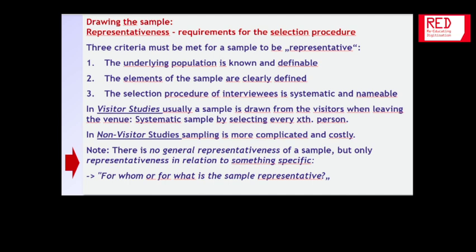And he wants to make a survey, and he does this survey on the Hohe Straße. In this case, it's representative, because the underlying population are only the people of the Hohe Straße, whatever they are. And when I then draw a sample here, this sample is representative for the people of the Hohe Straße.